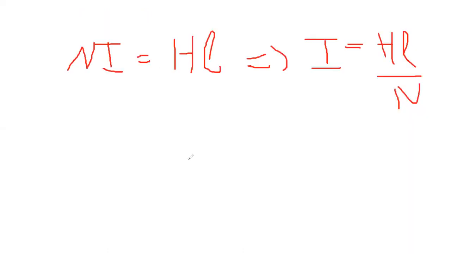So here H is the one which is not known. H, of course, is equal to mu 0 times mu r times B.